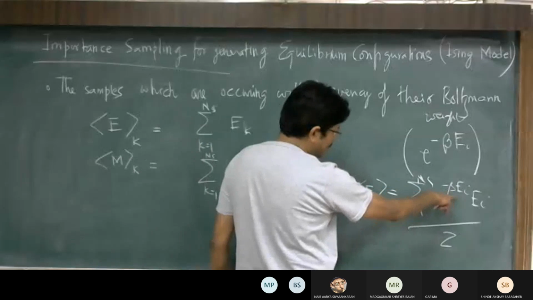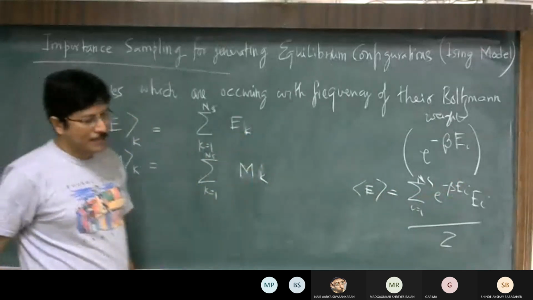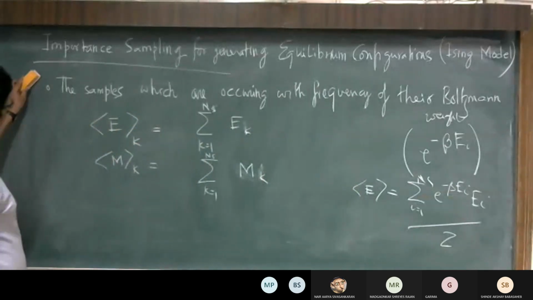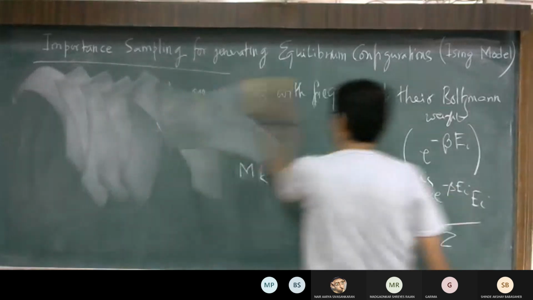But because the samples themselves are coming with this weight, in this approach you don't have to again multiply it with e to the power of minus beta E. So this was the conceptual issue of how these samples are done.